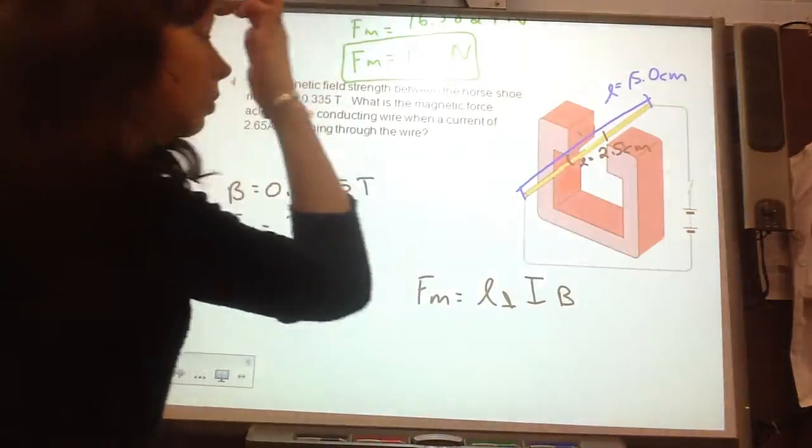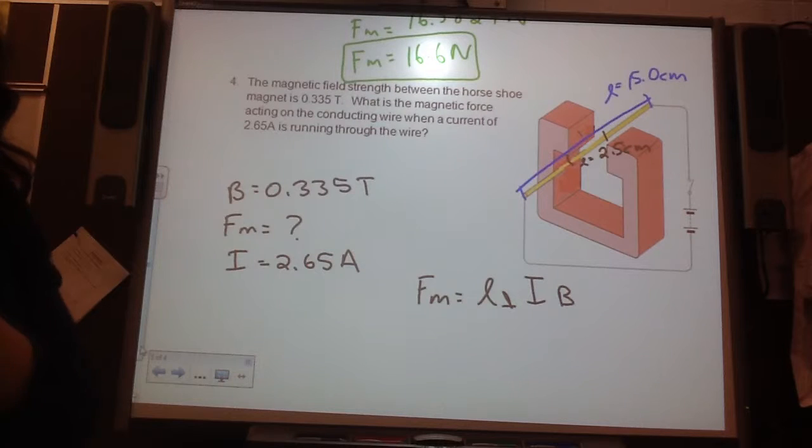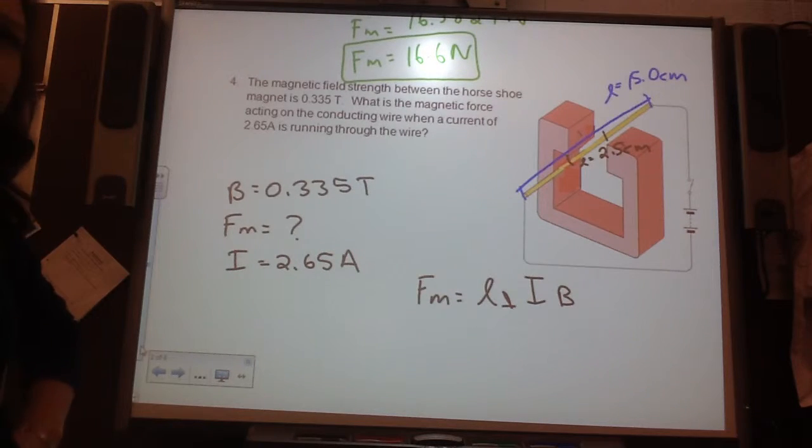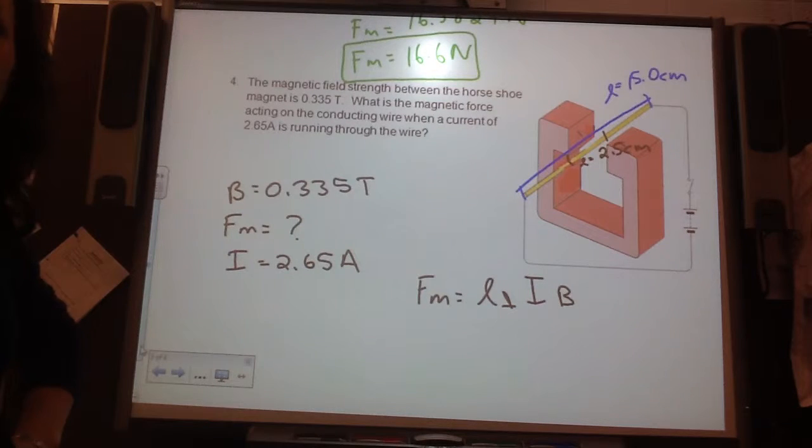So should I use 15 or 2.5, or 15 minus 2.5, or 2.5 times 2 times 15? Just making stuff up now. What length do you use?